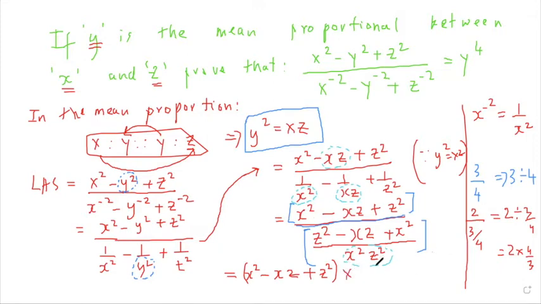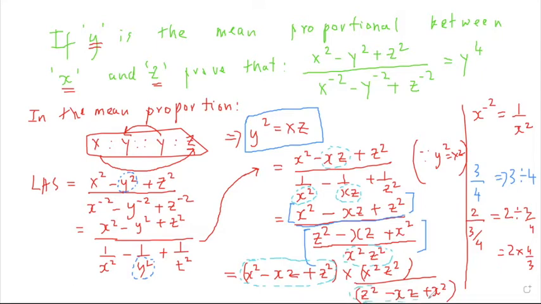So I can straight away use a multiplication sign: into x squared z squared by z squared minus xz plus x squared. If you notice closely, this numerator and this denominator are exactly the same.